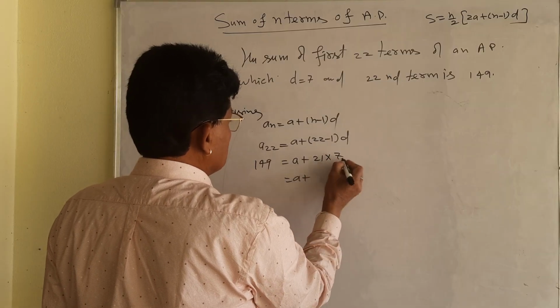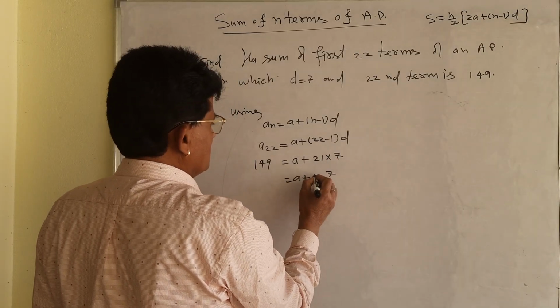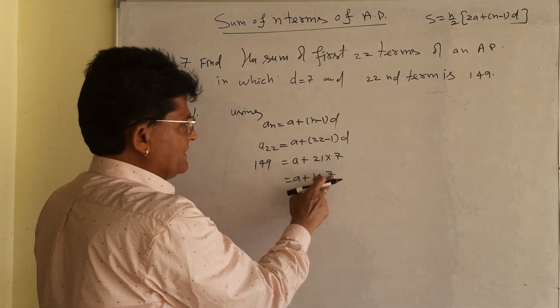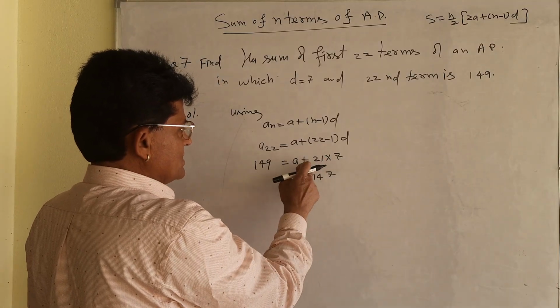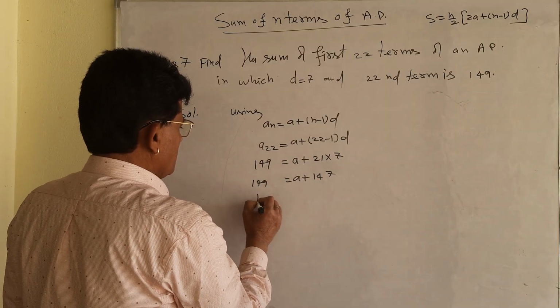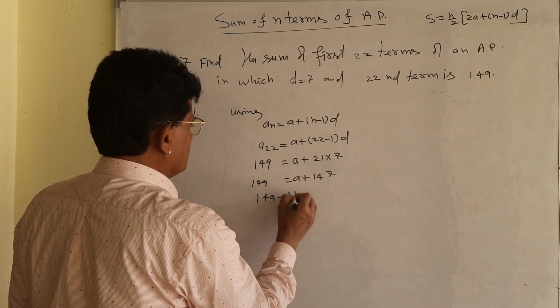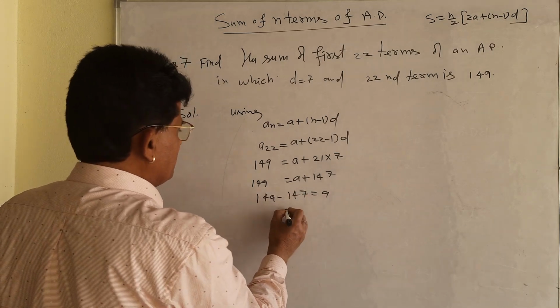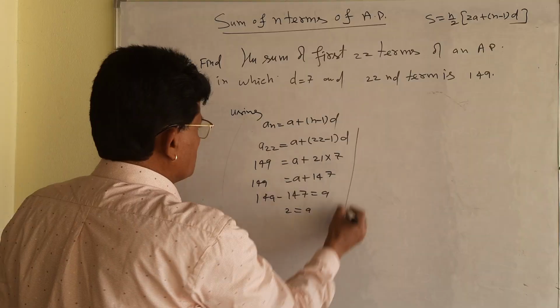Okay, a plus you multiply, see, 21 into 7. 7 1 is 7, 7 2 is 14, and it will be 149. 149 minus 147 is equal to a. 149 minus 147, 2. a is equal to 2.